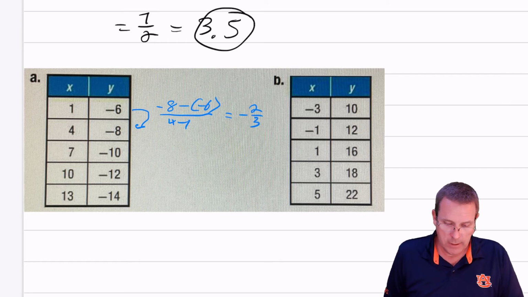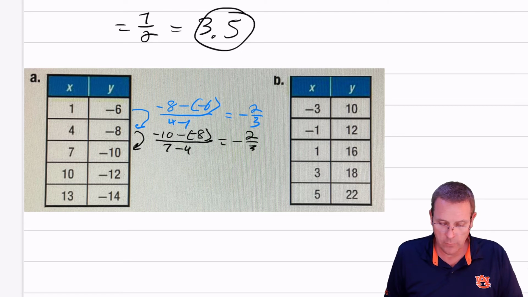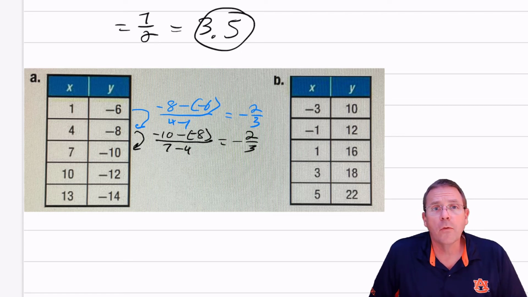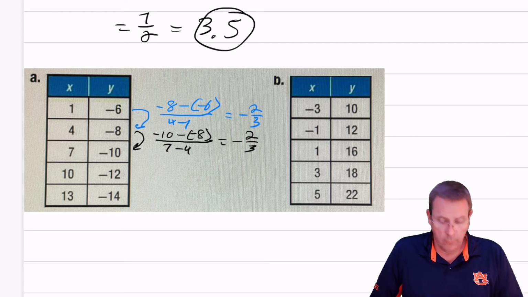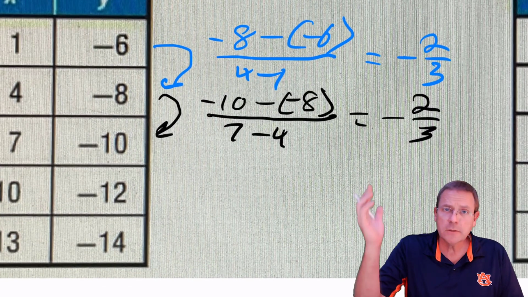And then we do the next one and maybe go a different color here. So for that next loop, now we're going to go -10 minus a -8, all divided by a 7 minus 4, which also gave me a -2/3, and we would do that all the way down. If you're having trouble writing in that small of a spot, zoom in.